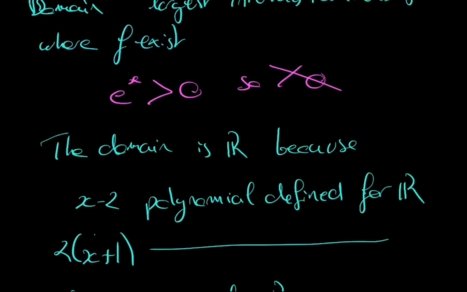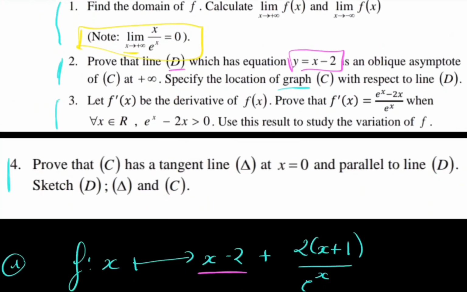Okay, now let's go to the next question. We want to see if f has a derivative, and prove that this derivative has some expression. We are given a result, and with this result we will try to study the variation of f.